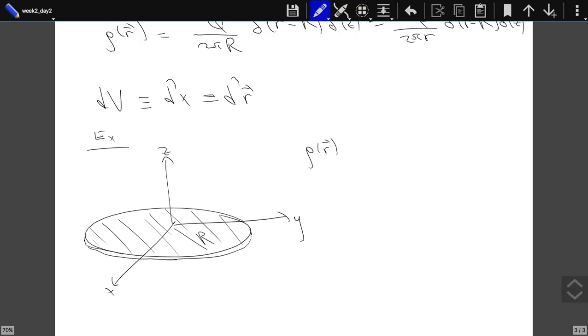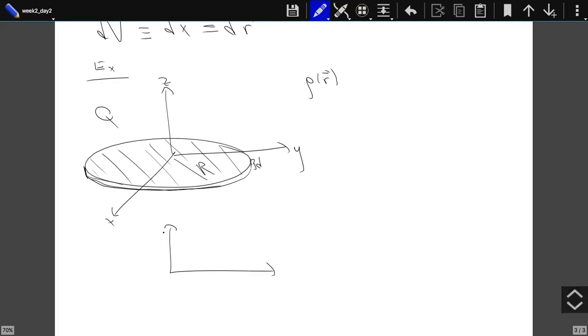Here, everything will be finite. Let's say it has a thickness D, radius R, total charge Q, and if you would just plot it from straight on the side, Y and Z, this is how the disk looks like. So the bottom is on the XY plane, at Z equal to 0, the top is at Z equal to D.